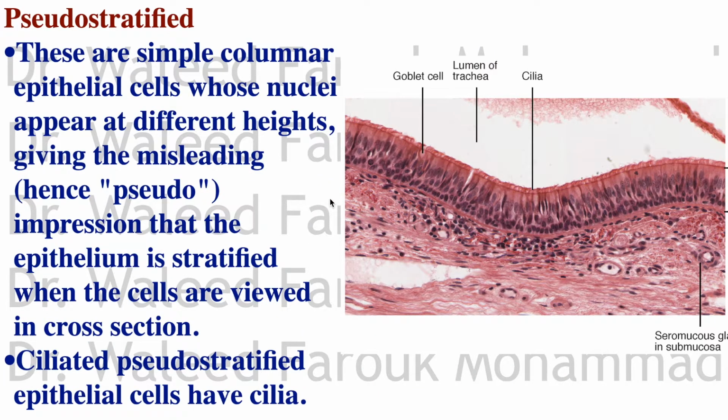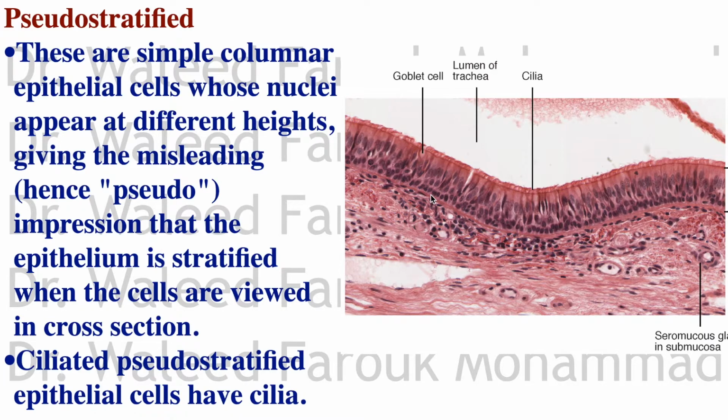The pseudo-stratified epithelium is a type of simple epithelium, which means that all the cells reach the basement membrane, although they look stratified because of the different heights of the nuclei. You can see as shown here, but if you examine carefully, all the cells reach the basement membrane.